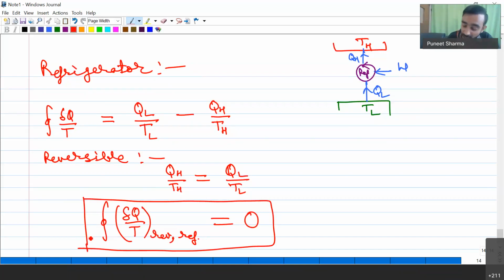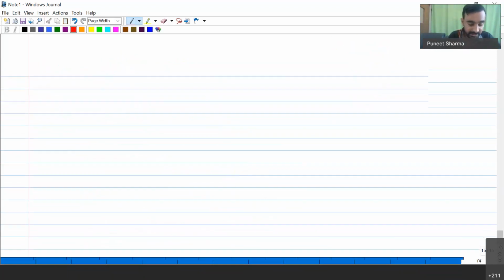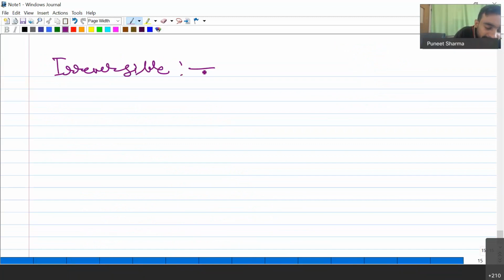Now if I go to the irreversible refrigerator, then what will happen? We know that the COP of the irreversible refrigerator, QL divided by QH minus QL, is less in comparison to the reversible COP, which is TL divided by TH minus TL.